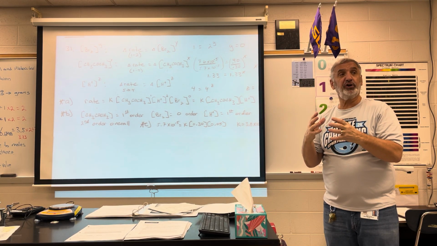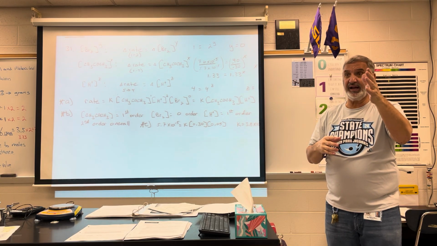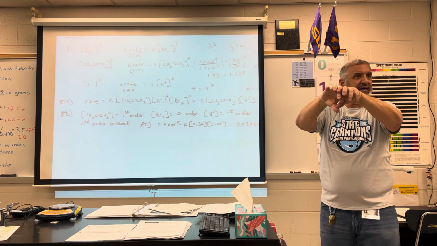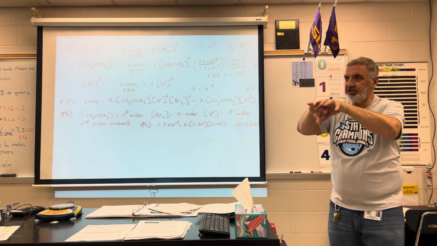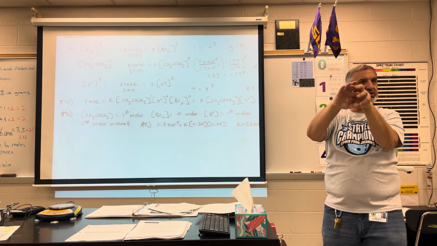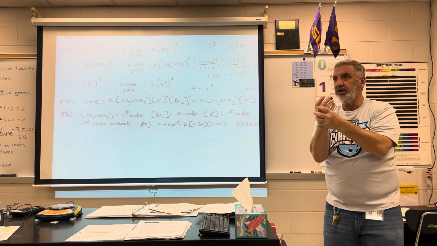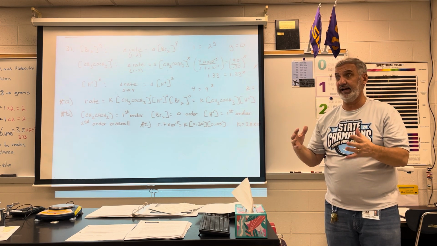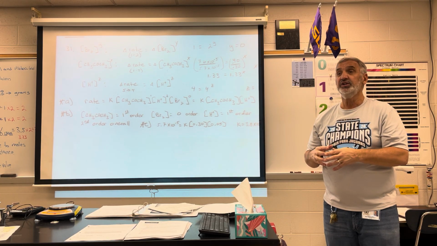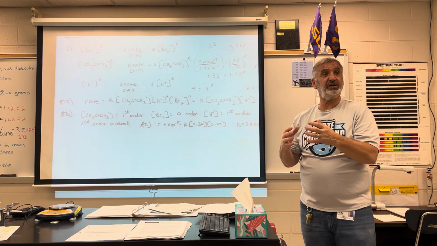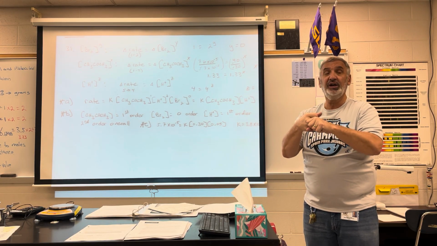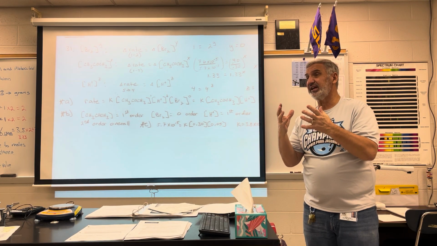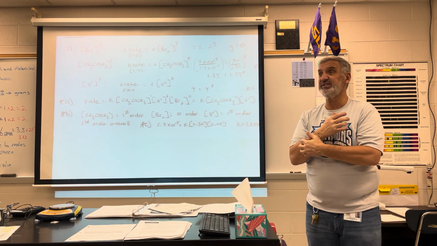So if it's third order overall, first order on this reactant and second order on this one, that means you'd have to have 3 molecules collide all at the same time, all with enough energy to overcome Ea, all with the proper orientation to form an effective collision. The more molecules that have to collide at once, the lower the probability that it's all going to happen, and the slower the reaction is going to go. So the reality is that first and second order reactions could possibly occur in one step. Anything over first or second order probably is not going to happen in one step.